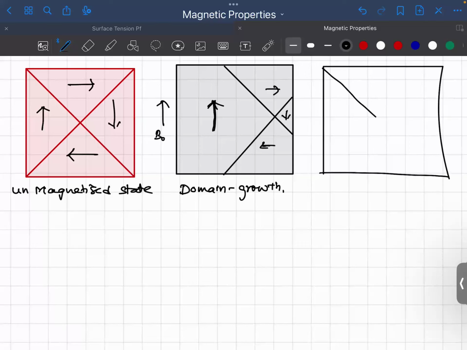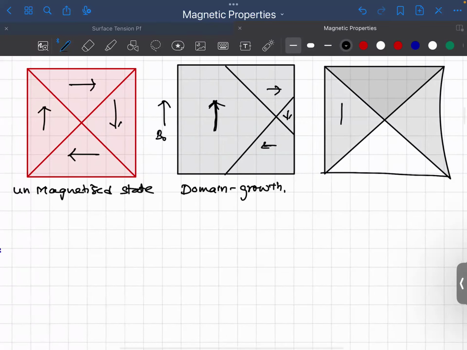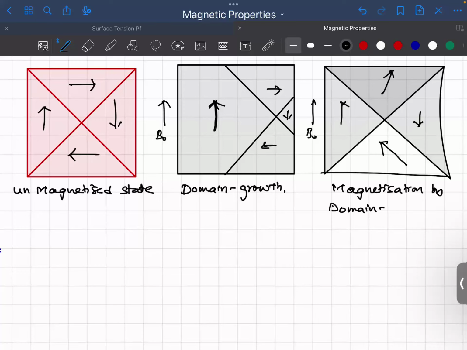In the next case, the domains are oriented like this, reoriented, staying the same. This comes under magnetization by domain rotation or orientation.